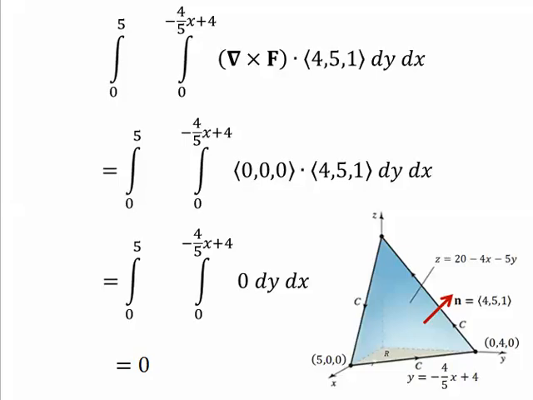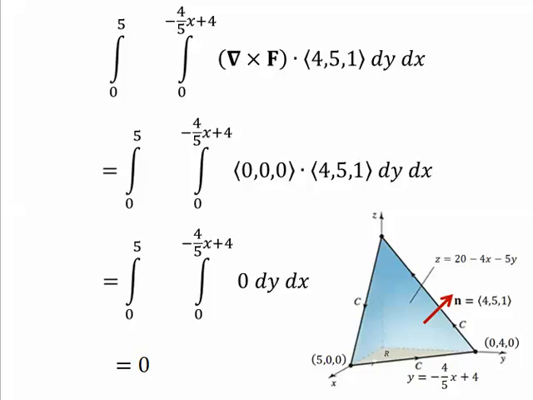And I actually knew that. It may be worth your while to find the curl first and hope that it's your very lucky day. If the curl is equal to 0, you don't have to find the normal vector. You don't have to find the region. I could have just stopped and said the curl is equal to 0, and so the line integral is equal to 0.